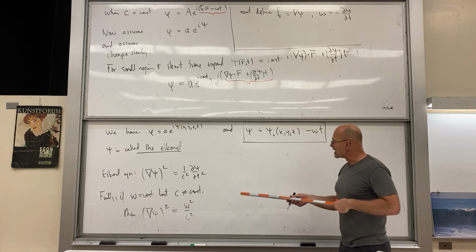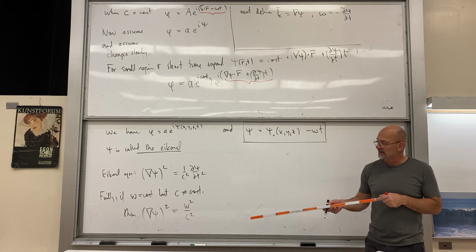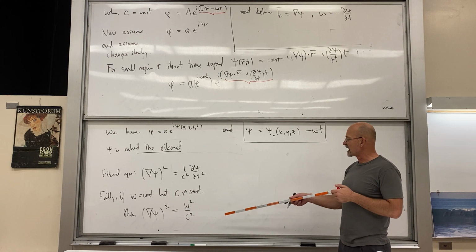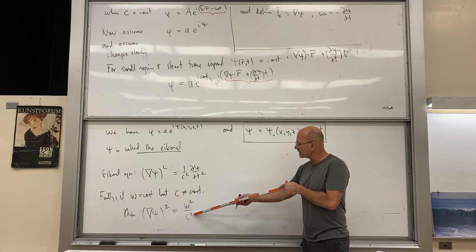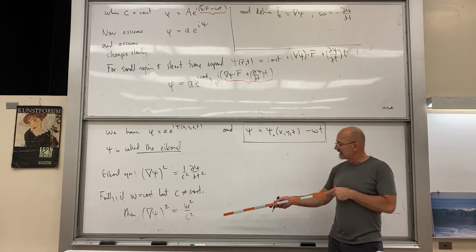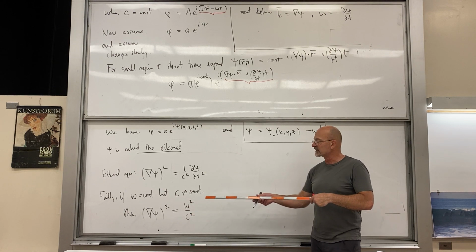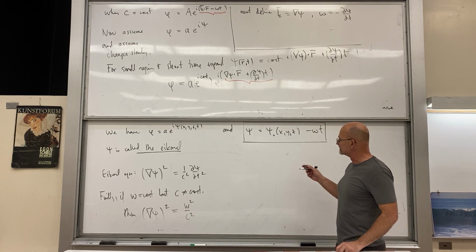Okay, it's non-trivial. If C is equal to a constant, it's just back to your wave equation that we've already done. If C is a function of position, then you've got some more work cut out for you. Okay, so that's the relation.